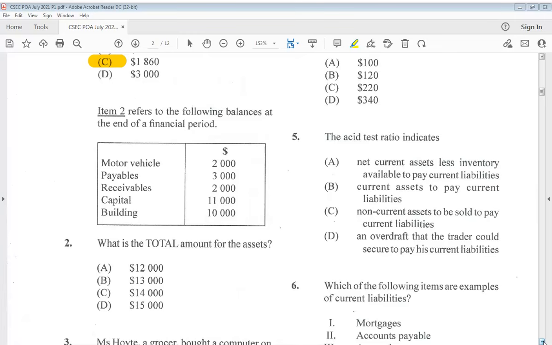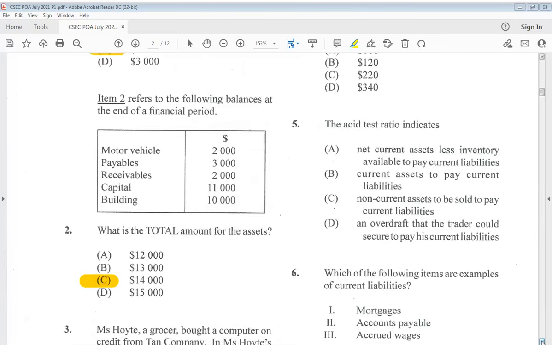So that's a total of $14,000. C would be your answer. Let's move on to number 3.